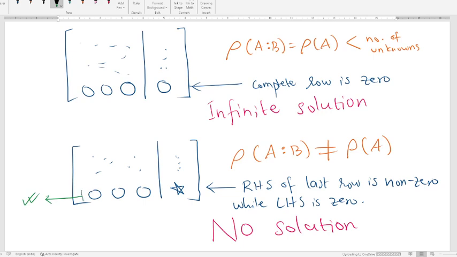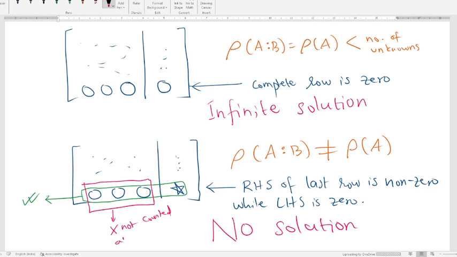When you are counting the number of non-zero rows of the augmented matrix, this is counted as non-zero. Whereas when we are counting this particular row as a part of A, it is not counted, right?